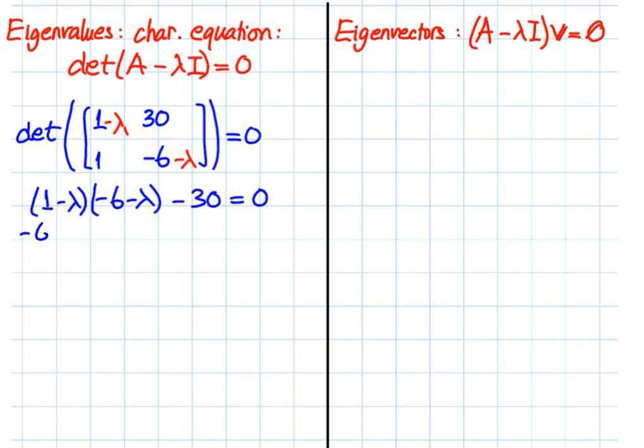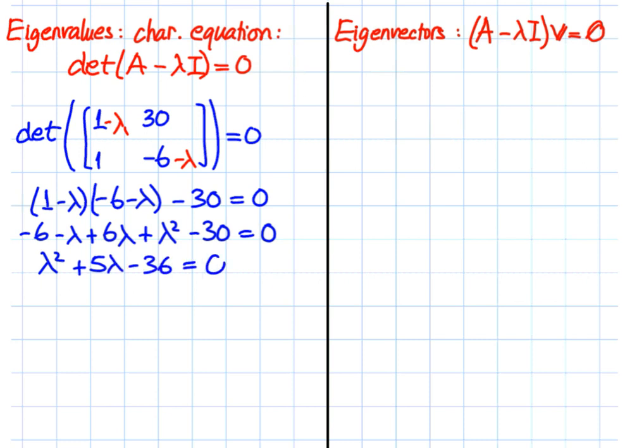Multiply it out: negative 6 minus lambda plus 6 lambda plus lambda squared minus 30 equal to 0. And then rewrite that: lambda squared plus 5 lambda minus 36 equal to 0.